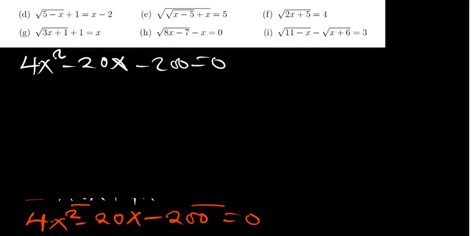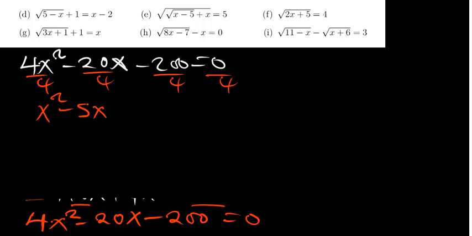So 4 there is going to be x squared, 4 there is 5x, 4 into 25, it's going to be 50, is equal to 0.